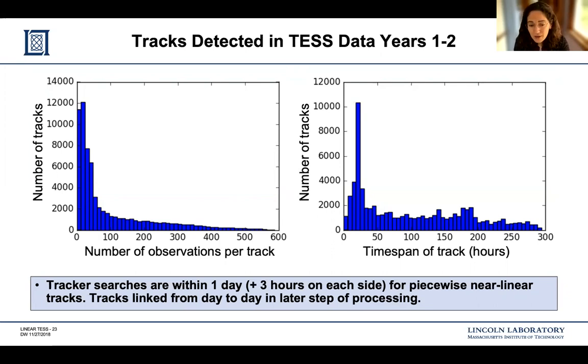So the time span of these tracks is from a couple hours all the way up to 300 hours. So we can have a very long view of an individual object. And you'll probably see some other talks studying individual objects where there's just a really great data set for those.